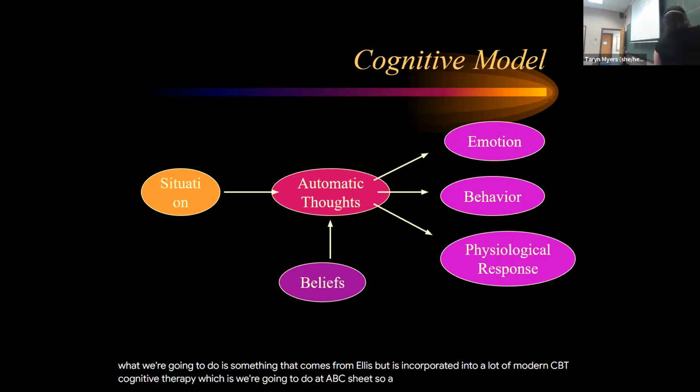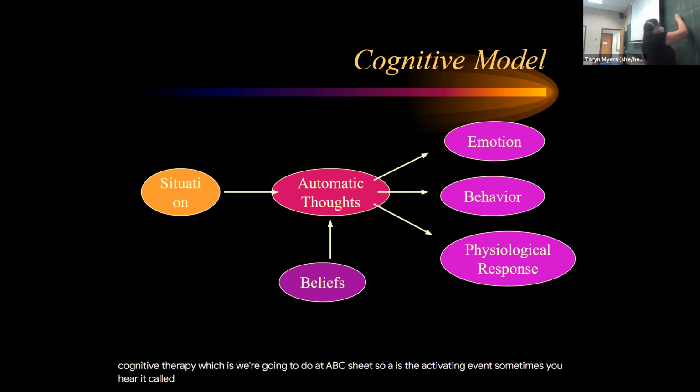A is the activating events. Sometimes you hear it called antecedent. B is your beliefs or your thoughts. And C is your consequences.